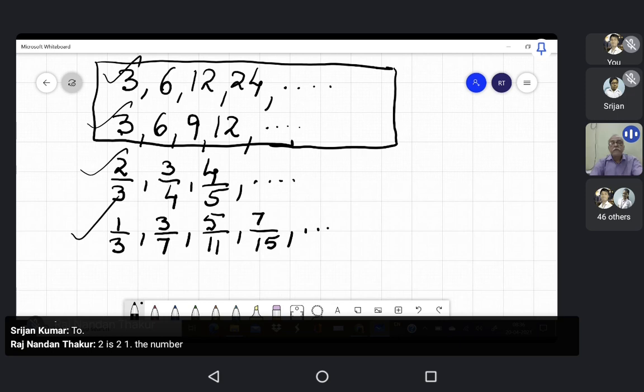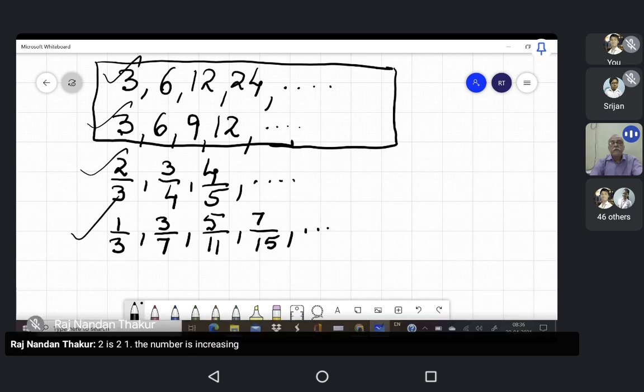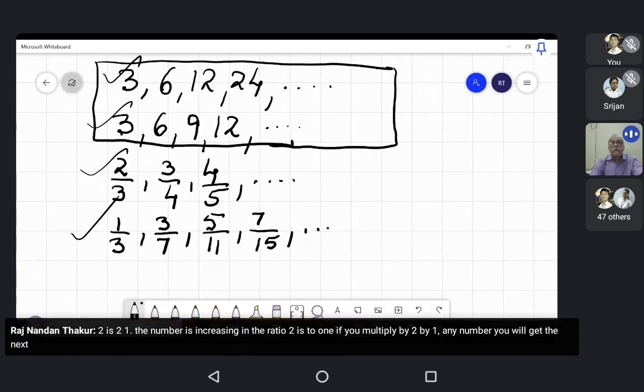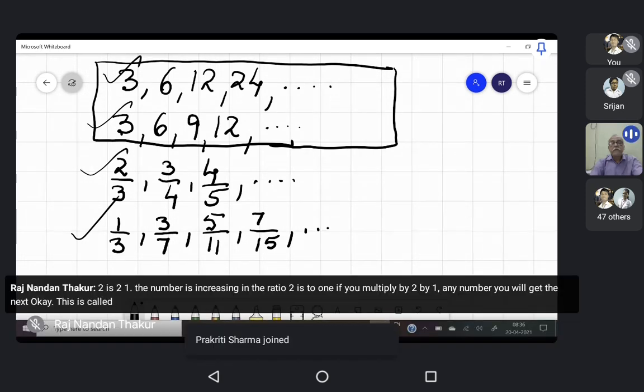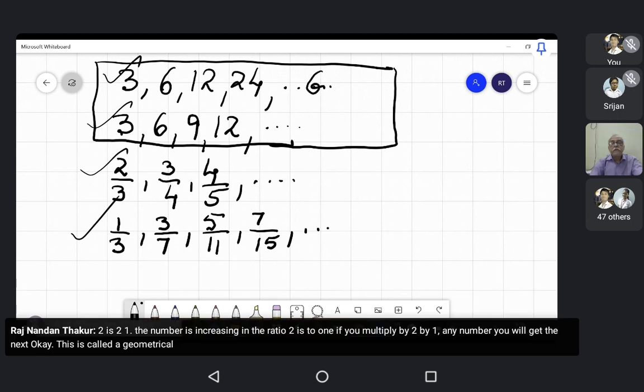The number is increasing in the ratio 2 is to 1. If you multiply any number by 2 by 1, you will get the next number. Okay? This is called a geometrical progression. Geometrical or geometric progression.